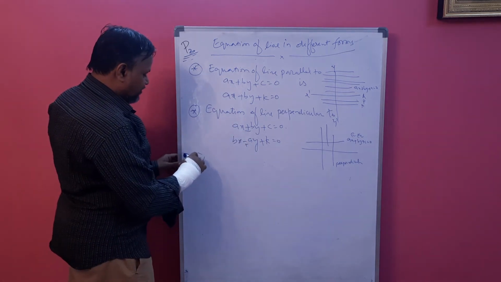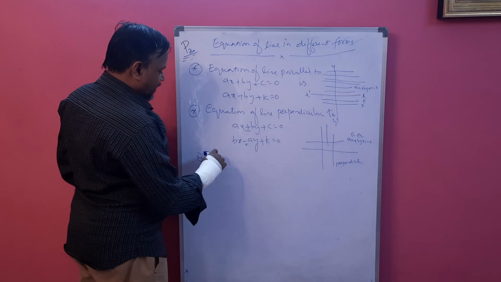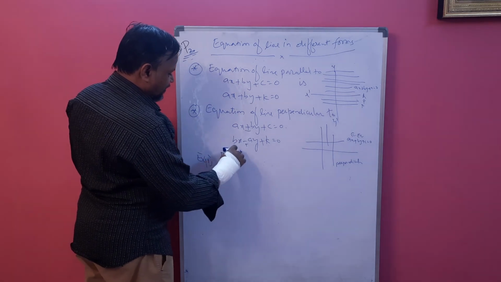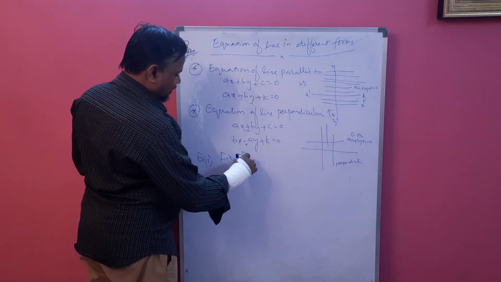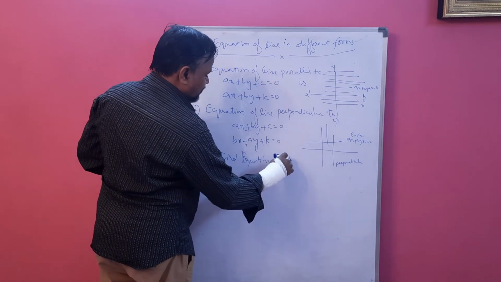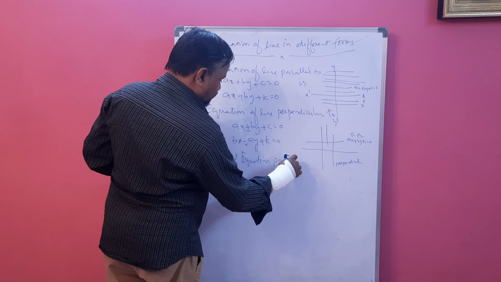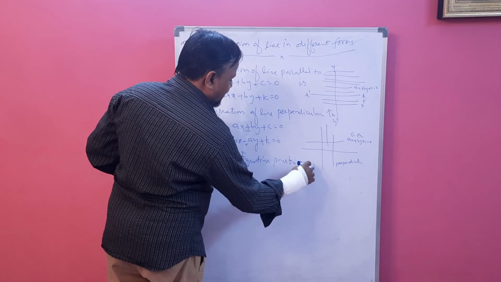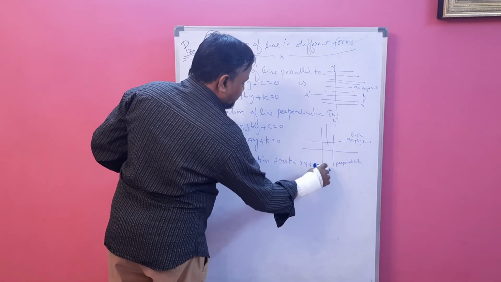Take two examples. Find the equation parallel to 2x plus 3y plus 6 equal to 0.